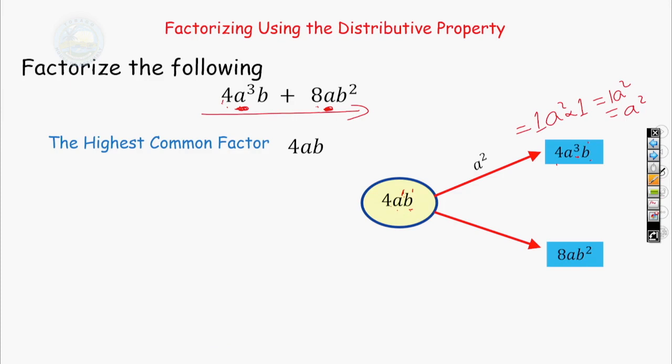For the second term, what need we multiply 4ab by to get 8ab squared? Do the analysis again. 4 times what is going to give me 8? 4 times 2. I have a here. I'm looking for a. I already have it, so I don't need to write it.